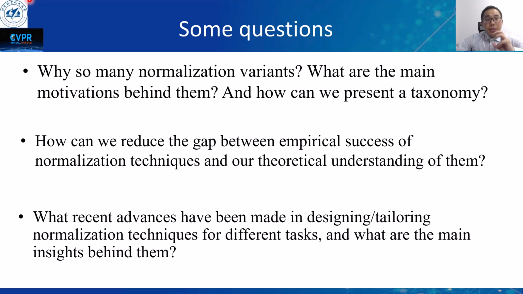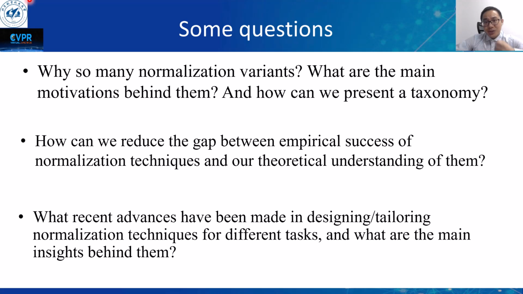Okay, this tutorial will address the following questions. Why are there so many normalization variants showing up in deep neural networks? What are the main motivations behind them, and how can we present a taxonomy for understanding the similarities and the differences between a wide variety of approaches?